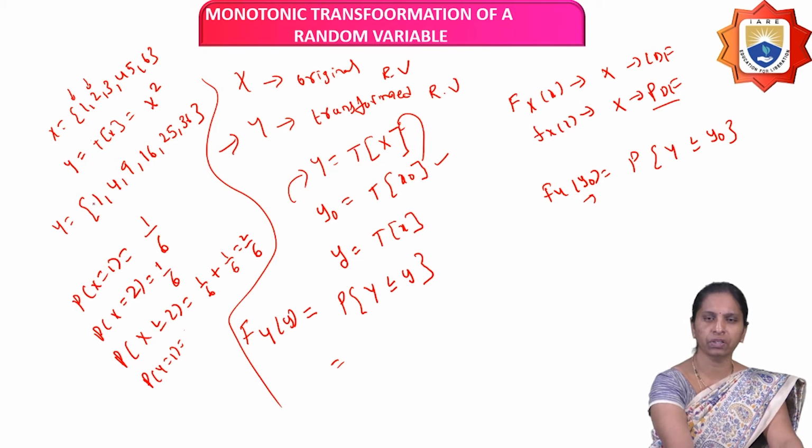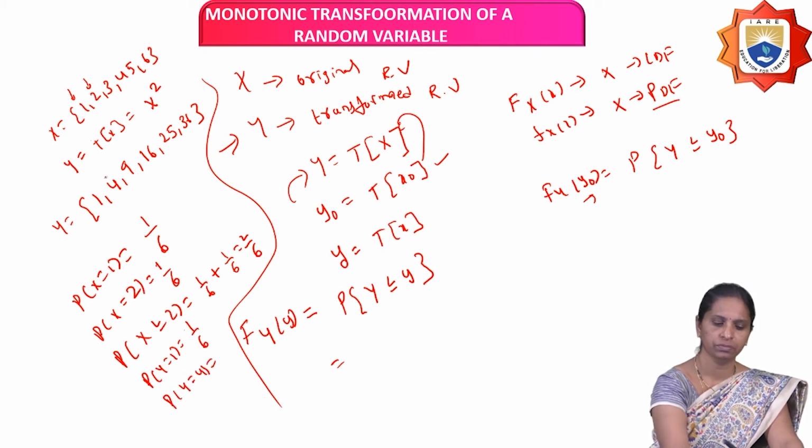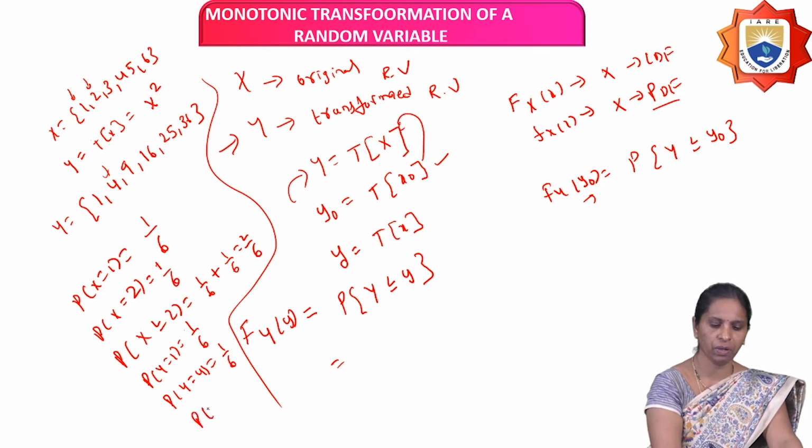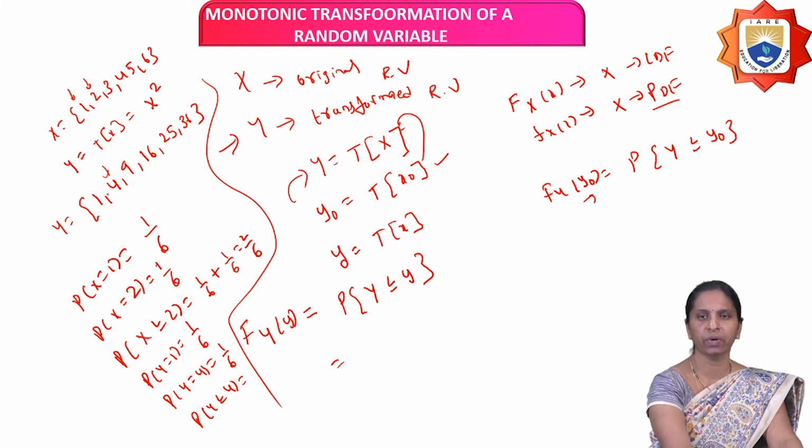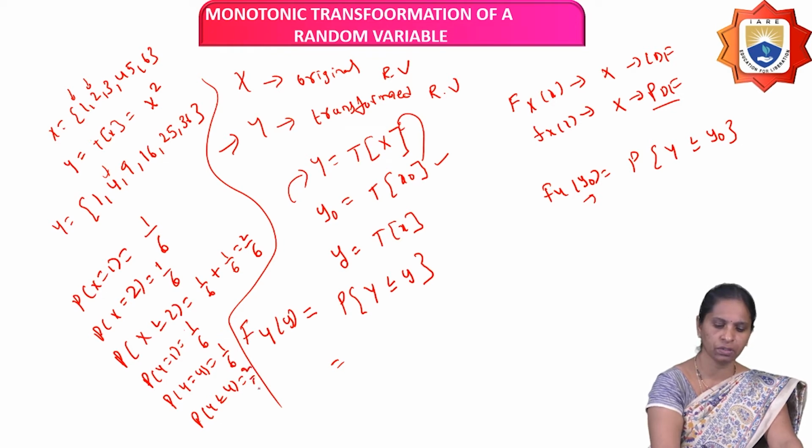The number of favorable outcomes is only 1 out of 6, therefore 1 by 6. Then the probability that Y equals 4 is also only one favorable outcome out of 6, therefore 1 by 6. Now, what is the probability that Y is less than or equal to 4? It is the probability that Y equals 1 plus the probability that Y equals 4, so 1 by 6 plus 1 by 6 is 2 by 6.